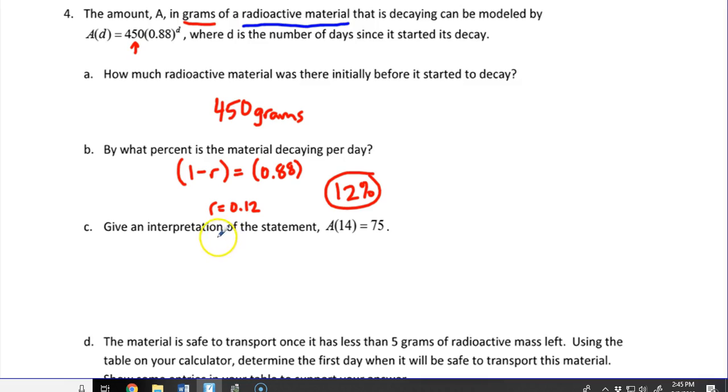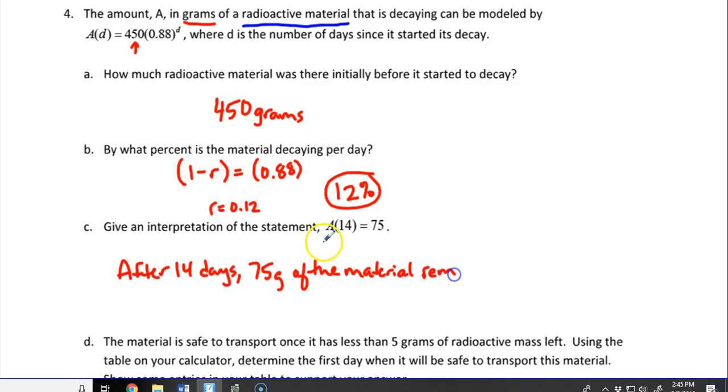All right, and then the last one I asked you to work on is, give an interpretation of this statement. What does it mean, A of 14 equals 75? So after 14 days, because 14 is the D, and D is number of days, 75 represents the amount of grams, and G is just the abbreviation for grams, of the material that remains.